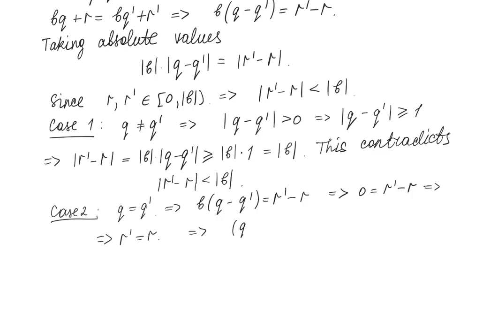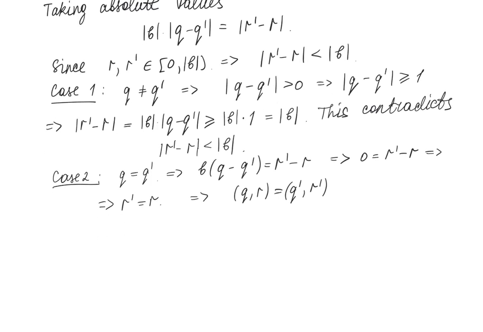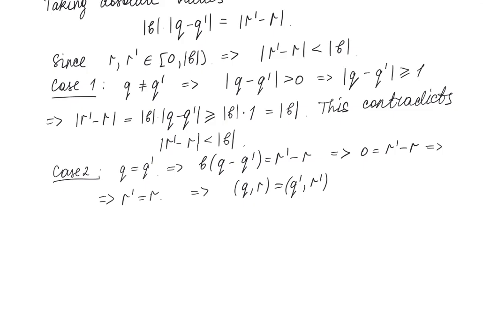It means q, r and q prime, r prime are the same. They're equal. So this contradicts the initial hypothesis that they're distinct. So they are unique.